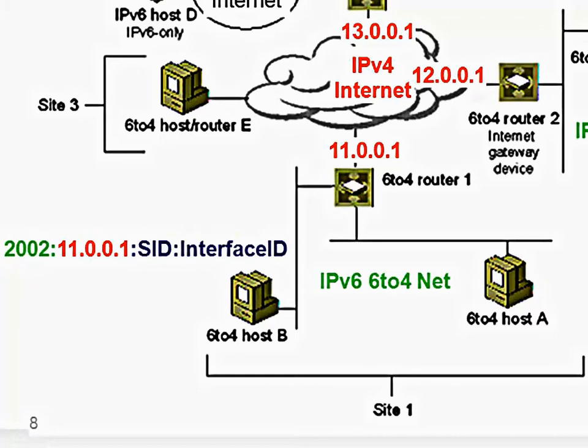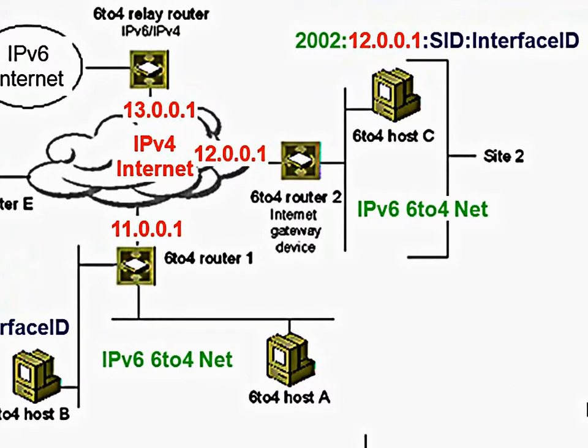So consider a 6-4 host in Site 1 wants to communicate with another 6-4 host on Site 2. And so it will formulate a source and destination IPv6 address using the 6-4 prefix, 2002 followed by 11.0.0.1 for its source, and then an IPv6 6-4 address with 12.0.0.1 as a destination, which are the corresponding IPv4 addresses of 6-4 router 1 and 2.